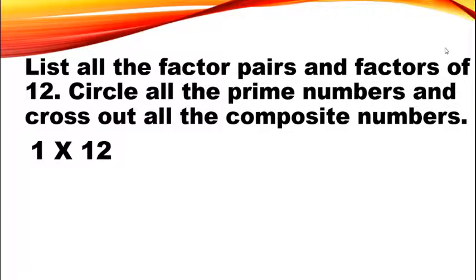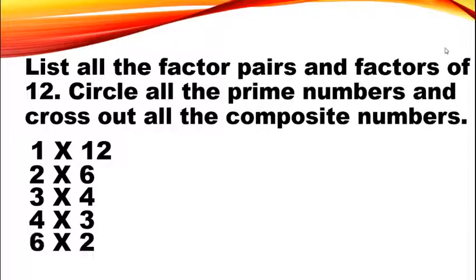We have 1 times 12, 2 times 6, 3 times 4, 4 times 3, 6 times 2, and 12 times 1. Now that we have the factor pairs of 12, we can easily get the factors of the given number 12.